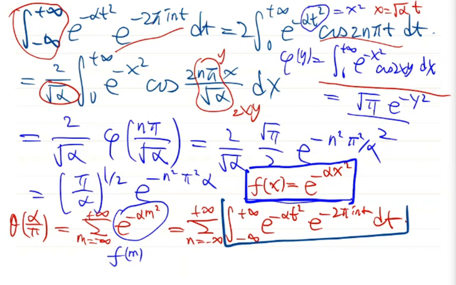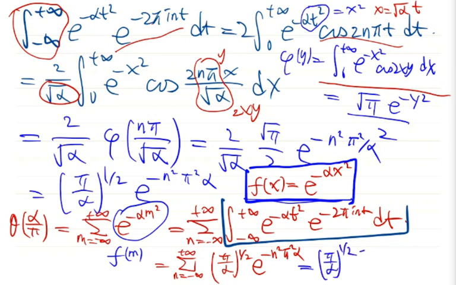We get the sum over n from minus infinity to infinity of square root of pi over alpha exponential of minus n square pi square over alpha. And the square root of pi over alpha can be moved out of the summation. Thus, pi over alpha to the half times the sum of exponential of minus n square pi square over alpha.